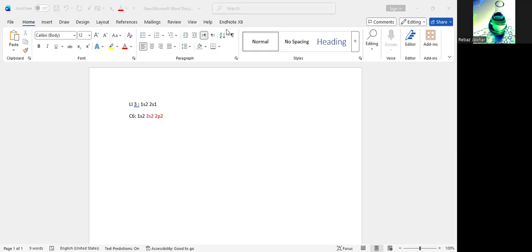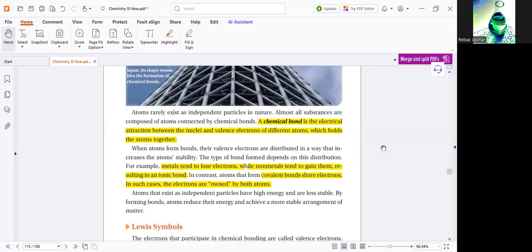Let's turn back to the book. Okay, students, write down a question. Why do atoms form bonds? Which means, what is the main reason behind bond formation?